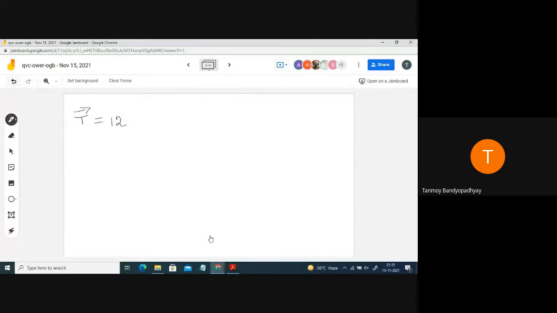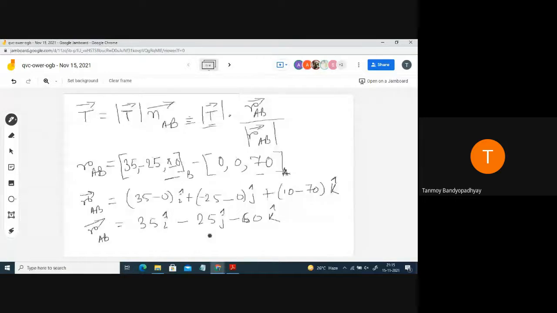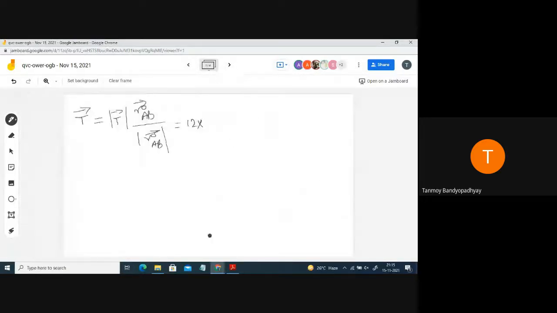ঠিক আছে, let me just write it again. So এইখানে তোমার আছে হচ্ছে magnitude of the force vector into the RAB vector divided by the magnitude of the RAB vector. So this is given to be 12 and the AB vector we have calculated. So the AB vector is this one. So just write it down, 35 minus 25 minus 60.